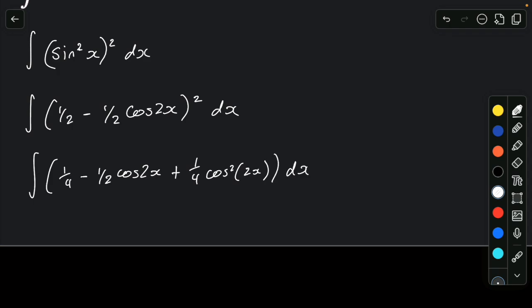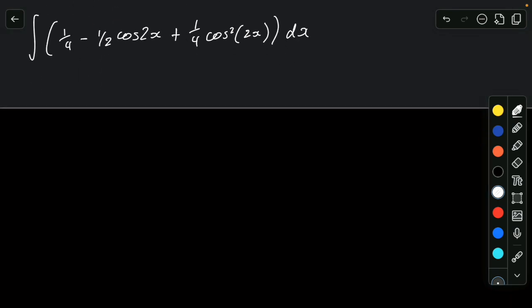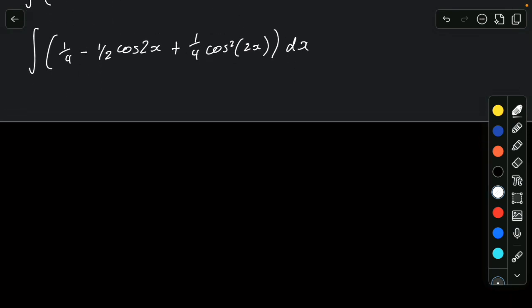Let me put the x there, and we can then go even further with this.